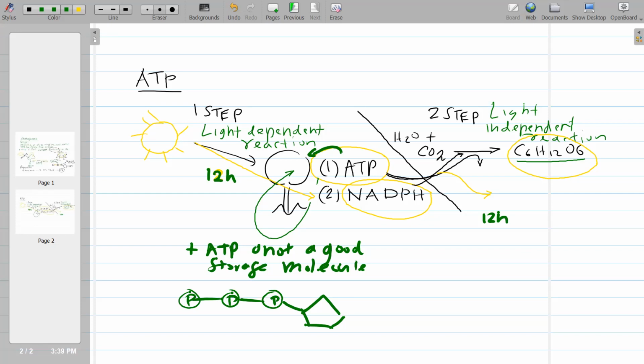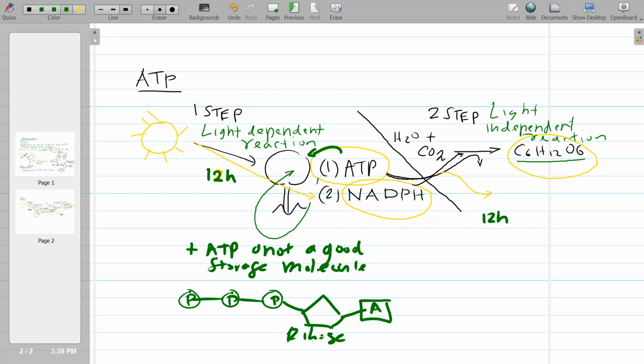Right, okay. This is adenosine, ribose sugar, and the 3 phosphates. Now, if you look at this ATP molecule, we can understand that if it is a universal energy molecule, it should be able to provide energy very quickly. Let's take petrol.